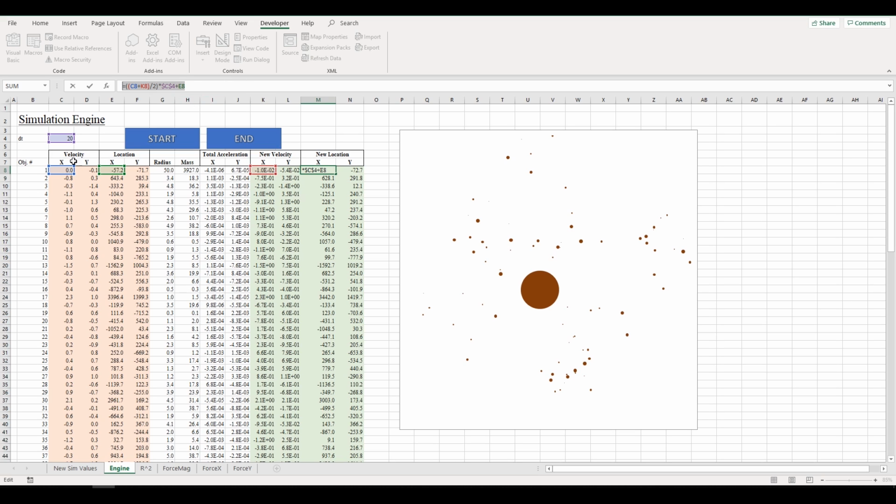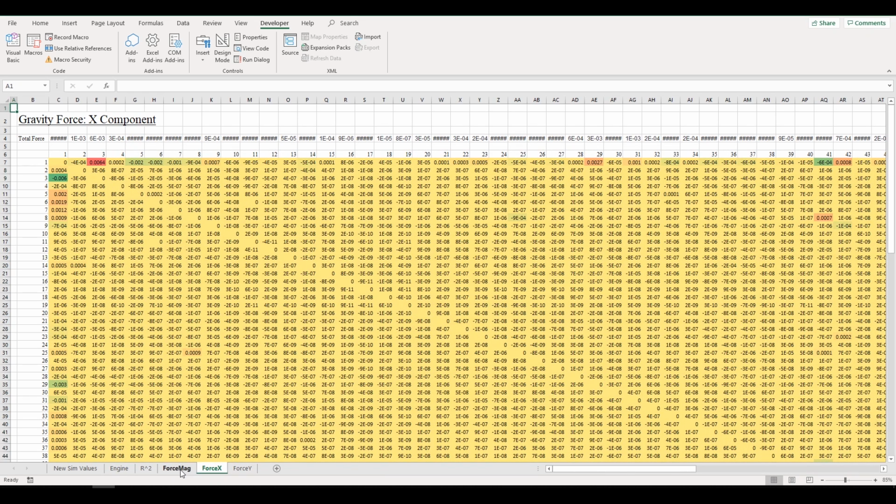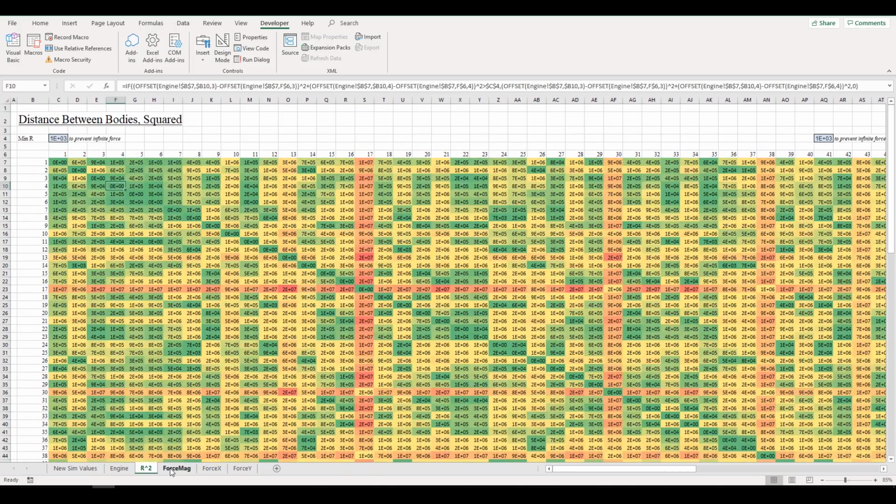It looks at the new velocity and the old velocity, finds the average of those, and adds that onto the location. But all these calculations, if you can see, this force X, force Y, actually are applied from these tabs. And we'll come on to these tabs in a second. So these tabs require the calculations from these to work them out.